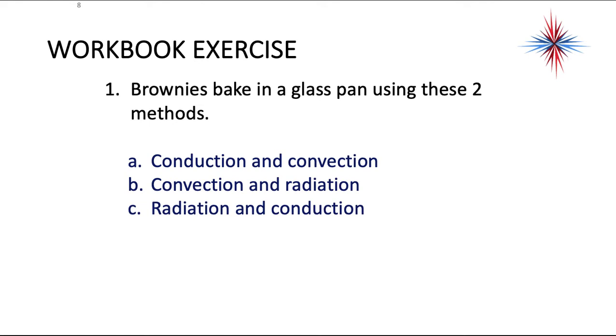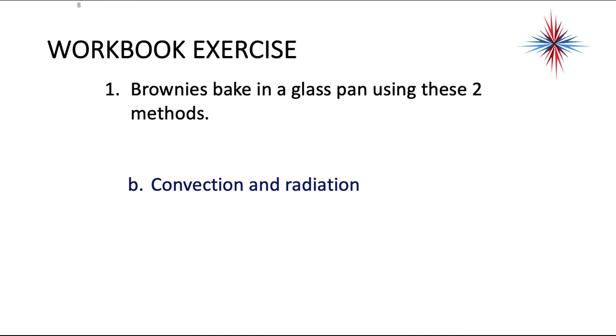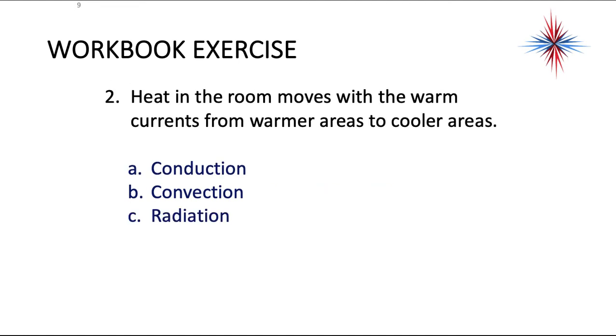Okay, a few other questions for you. If you happen to have this book, which is available through ESCO Institute, some workbook exercises. So brownies bake in a glass pan using which two methods? The answer is convection and radiation. Heat in the room moves with warm currents from warmer areas to cooler areas.